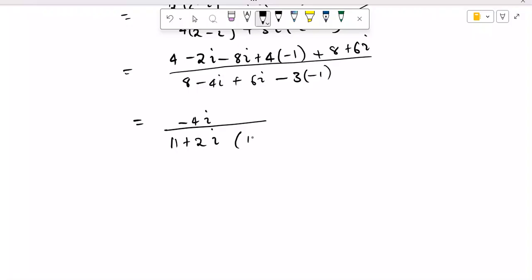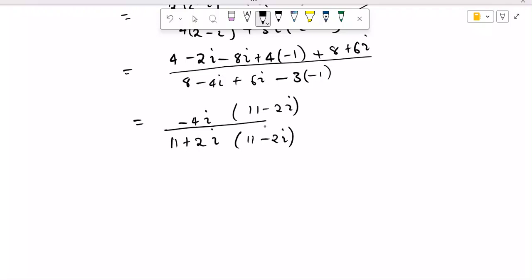So this is multiplied by 11 minus, so just change the sign to what is attached to the complex part. So the complex part has 2i, so the sign is what? Positive. So here you introduce a negative 2i. So if there was a negative here, you could have used a positive here, both the numerator and the denominator.